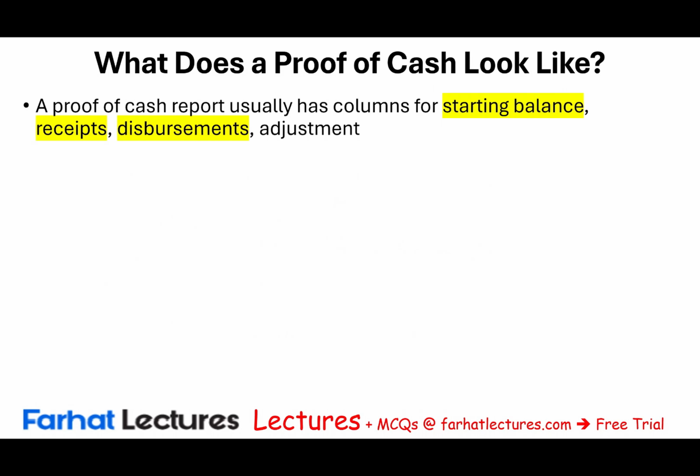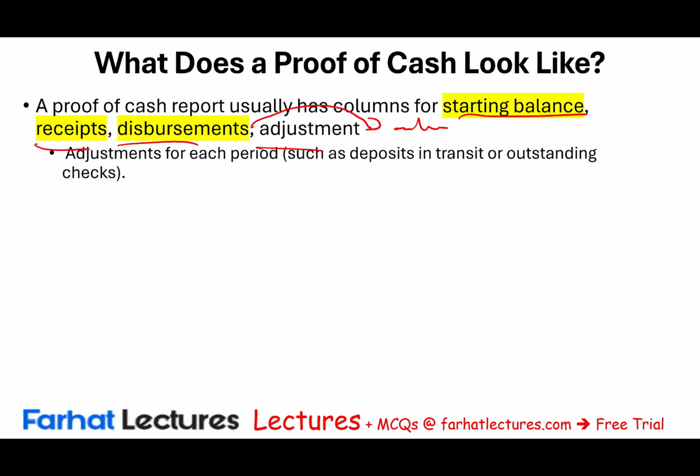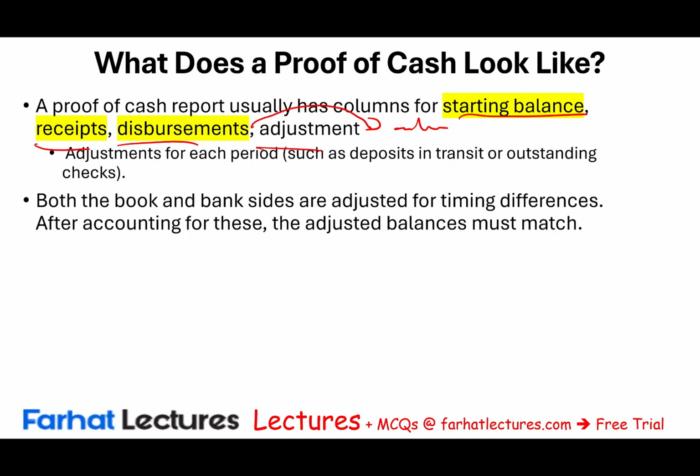A proof of cash report usually has columns for starting cash balance, receipts, disbursements, and ending balance. And we're going to have adjustments for each period, such as deposits in transit or outstanding checks if we have any. So both the book and the bank sides are adjusted for timing differences. After accounting for these changes, everything should match.